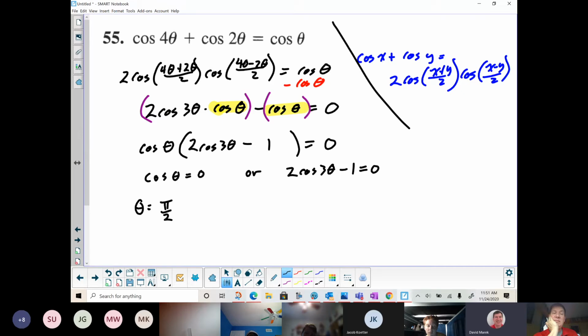So again, cosine starts at its maximum there. For 0, it's at 1. It comes down to 0 at pi over 2, down to the minimum at pi, back up to 0 at 3 pi over 2. So there's part of our solution.